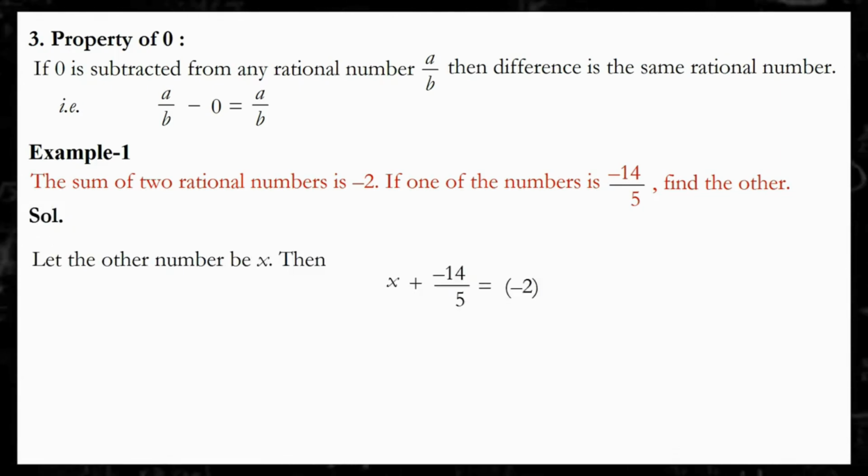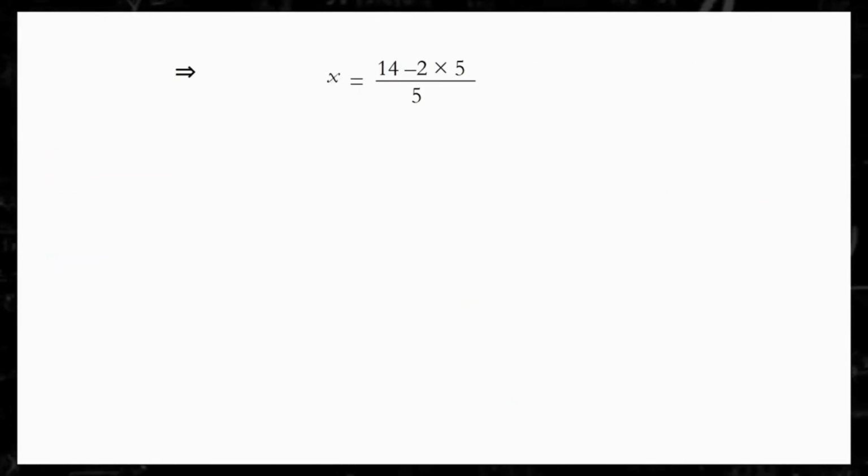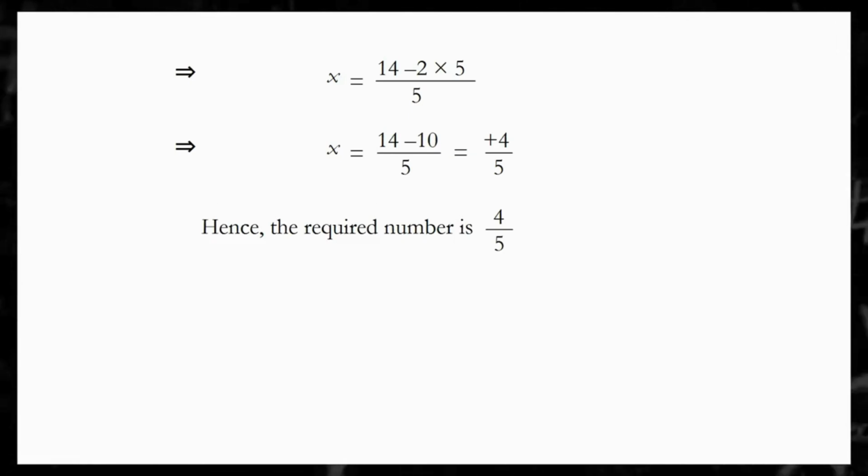Then x plus minus 14/5 is equal to minus 2. x minus 14/5 is equal to minus 2. x is equal to plus 14/5 minus 2. x is equal to (14 minus 2 multiplied by 5)/5. x is equal to (14 minus 10)/5, which is equal to plus 4/5. Hence, the required number is 4/5.